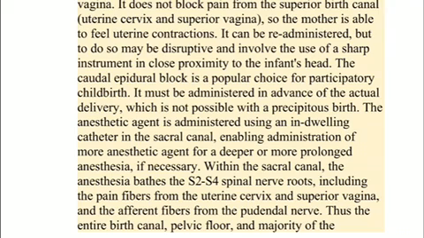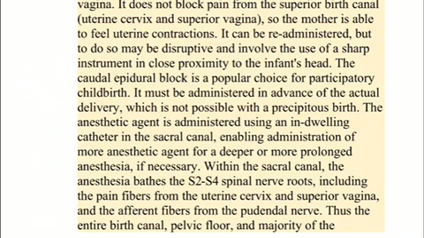Within the sacral canal, the anesthetic agent bathes the S2 to S4 spinal nerve roots, including the pain fibers from the uterine cervix and superior part of the vagina, and the efferent fibers from the pudendal nerve.